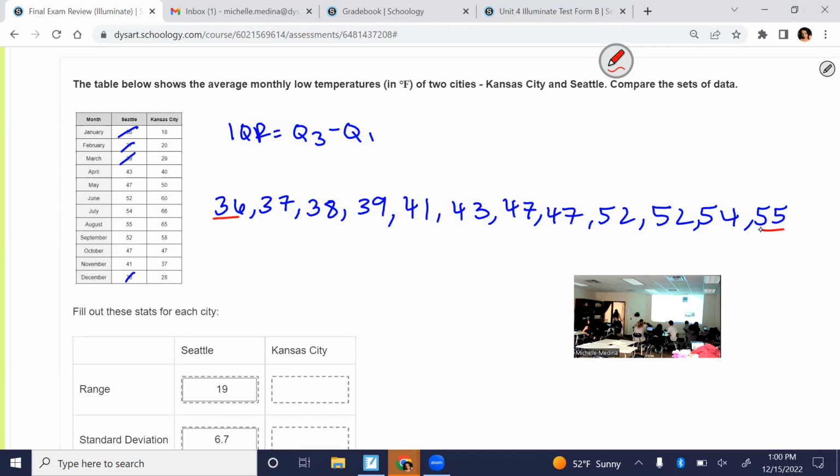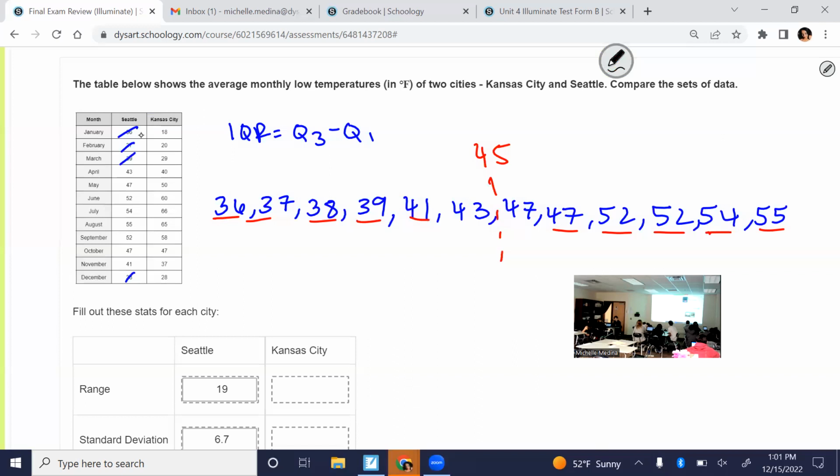So from left, right, and since I had 12 data points, I should have 2 numbers in the middle, and that I will have to take the average of. So yes, 2 numbers in the middle. 43 plus 47, and then divided by 2. I got 45 if someone wants to verify, which makes sense because that's in between them, right? So then 45 is my median.